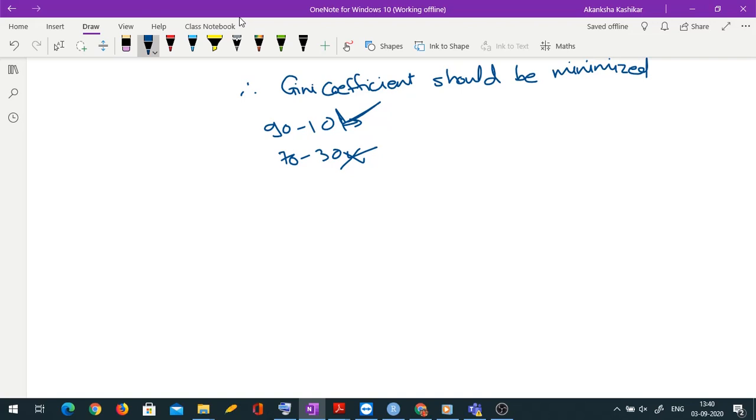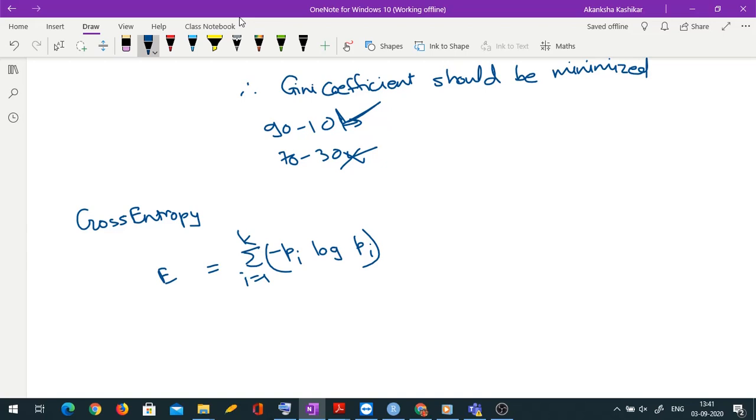Okay, this is the Gini coefficient. There is one more, called cross entropy. What is cross entropy? It is defined as minus pi log of pi, i going from 1 to k. Entropy of a node is defined as minus pi log of pi.